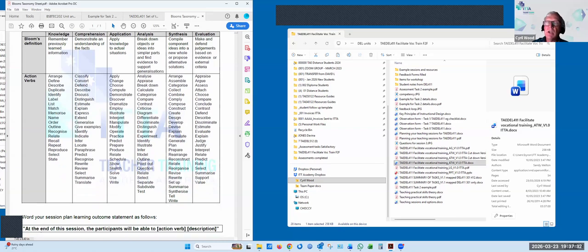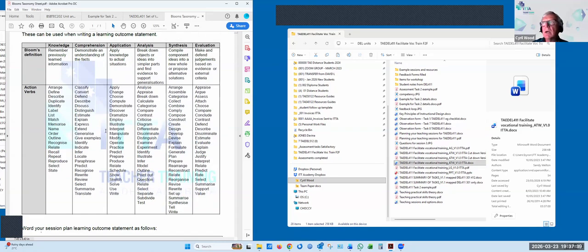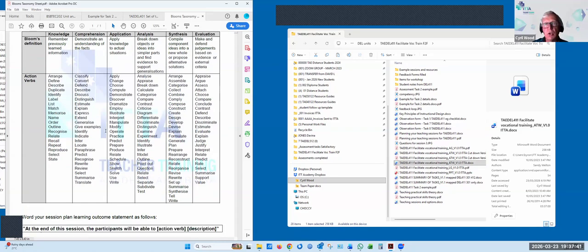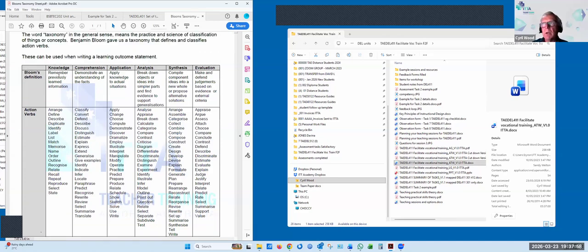So you can read a bit about Bloom. I think it may be in the learner guide as well, but I'll send you this, so that you can use it if you need to. But when you are picking your learning outcome active verbs, you can see there's plenty to choose. And the chances are you'll be at the lower end most of the time, here at knowledge, comprehension, and application.